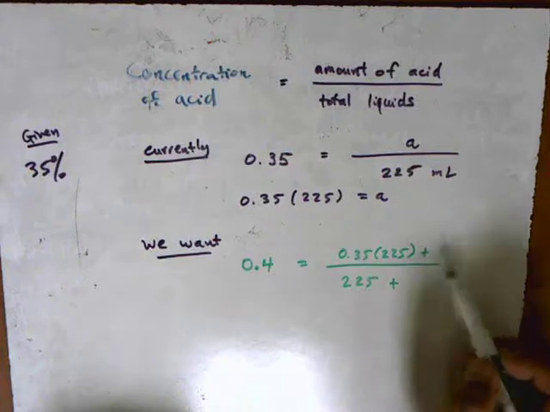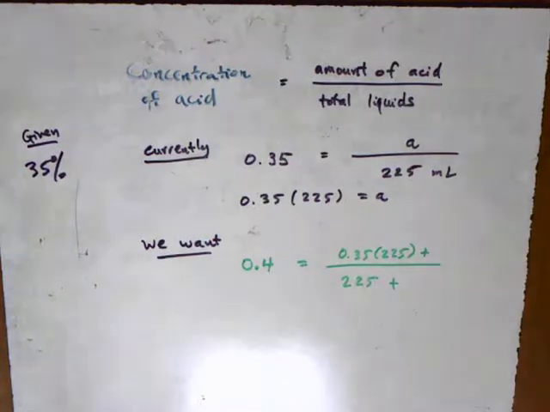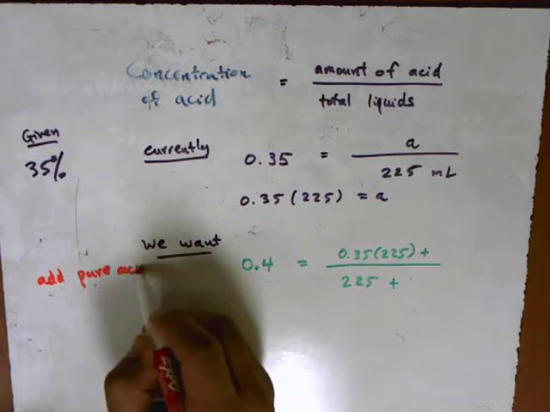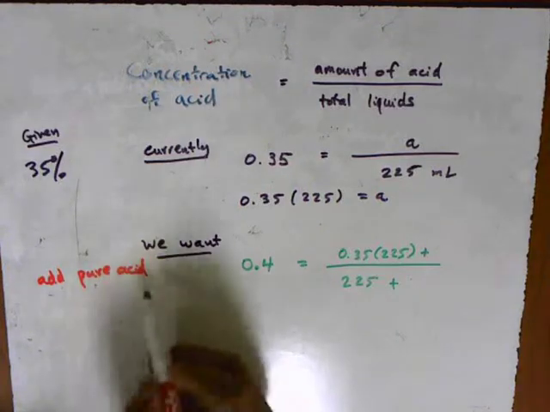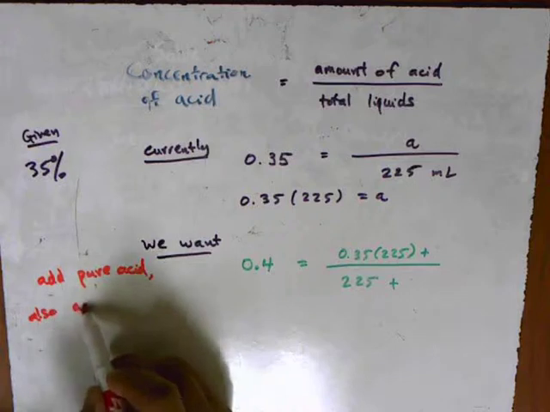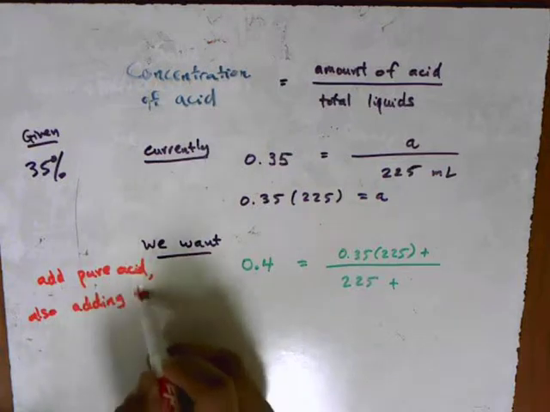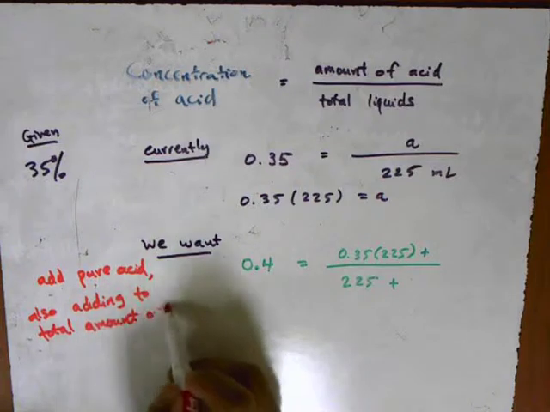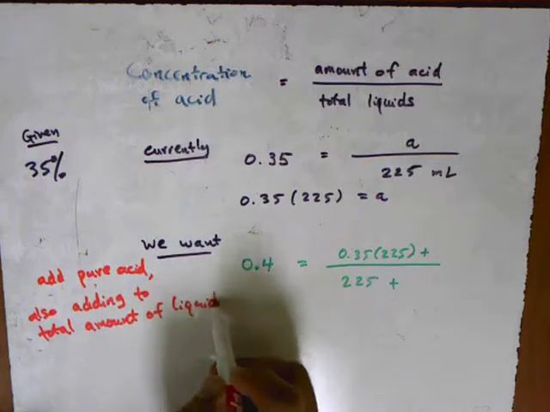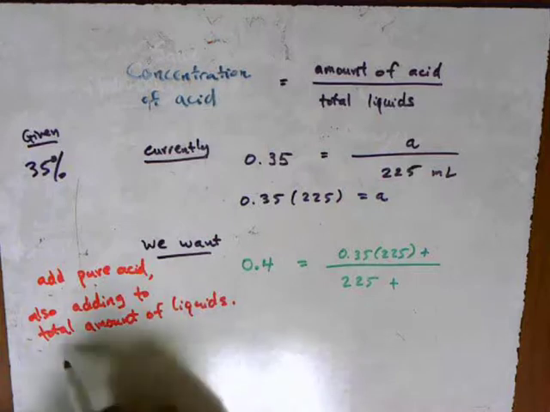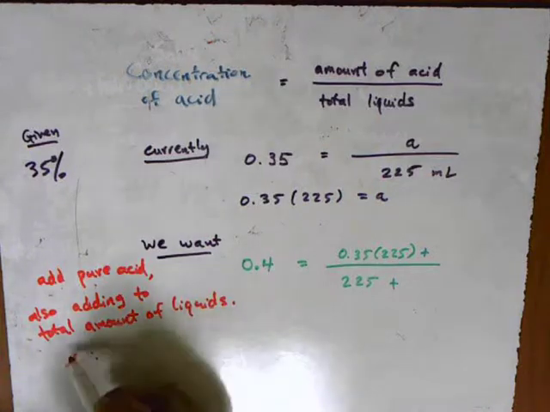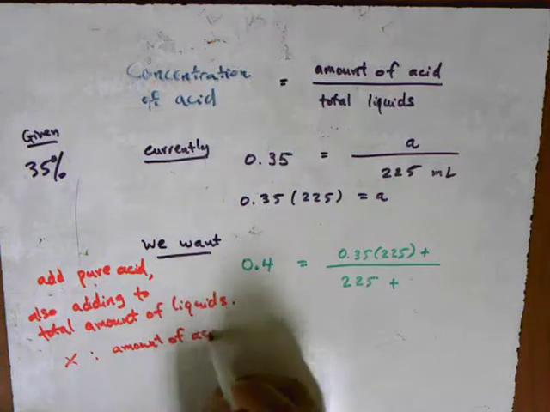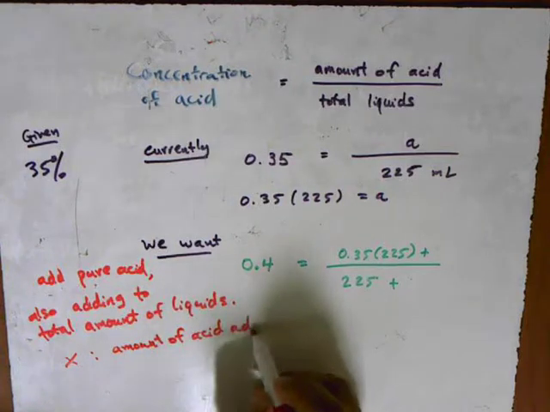We're going to have to add some pure acid to the solution. But when we add the pure acid, we are also adding to the total amount of liquids. So I'm going to make this variable called x, and it's going to represent the amount of acid added.